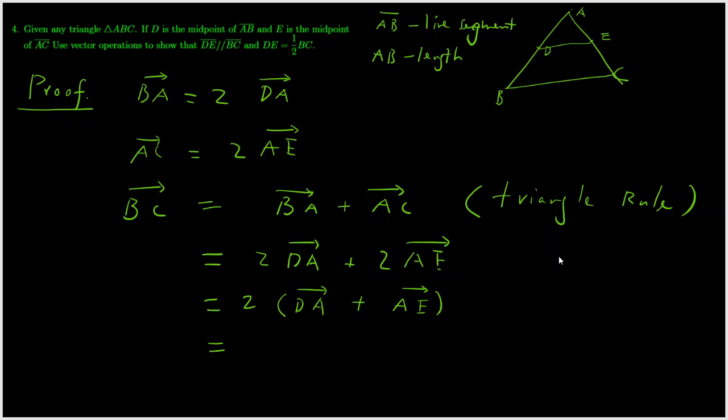Yeah, DE is right. You look at the shaded triangle, okay? You look at the tiny triangle. I was trying to ask you what's the answer to dA plus AE using the triangle rule again. So that's DE, right? That's DE. So you have to copy this 2 times DE, triangle rule again. Right.